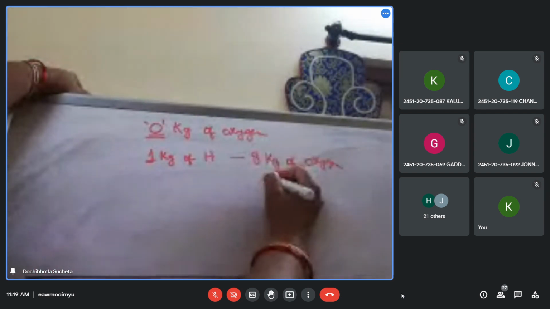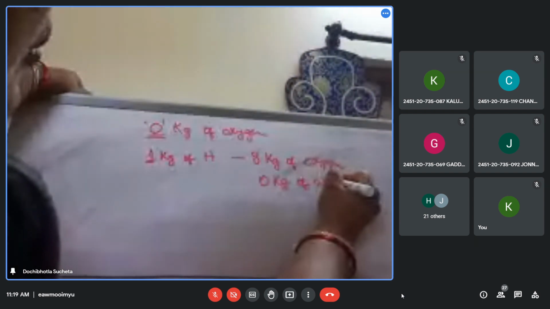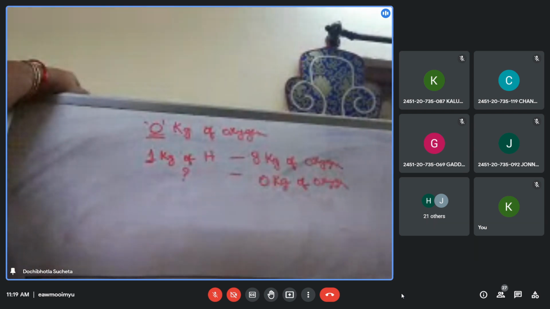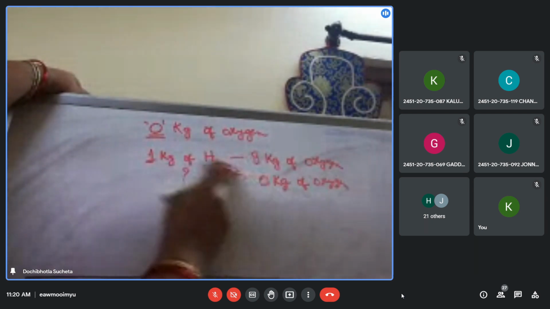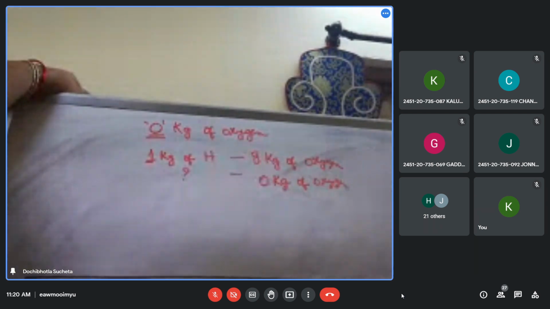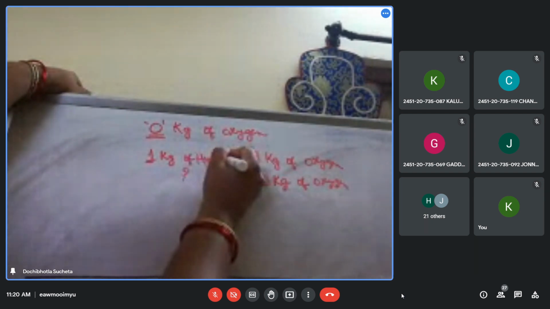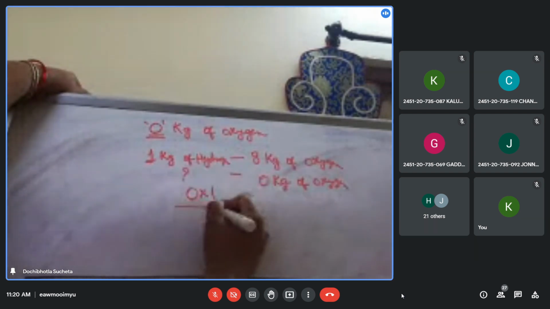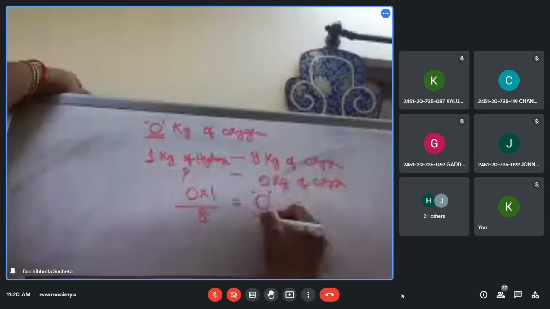If O kgs of oxygen is present in the fuel, then it will react with how much amount of hydrogen? O into 1 divided by 8, that is equal to capital O by 8.